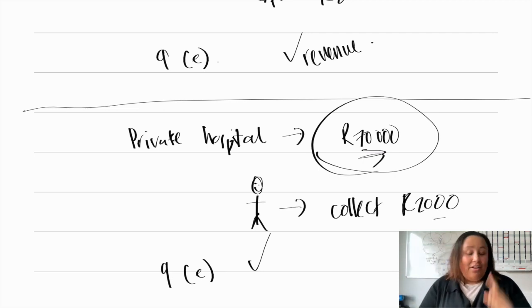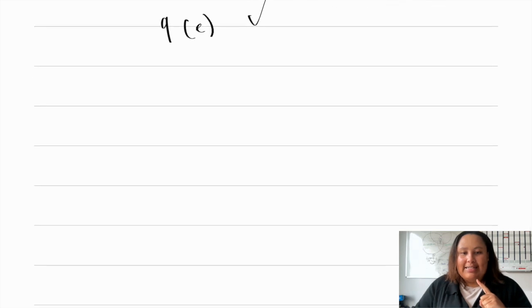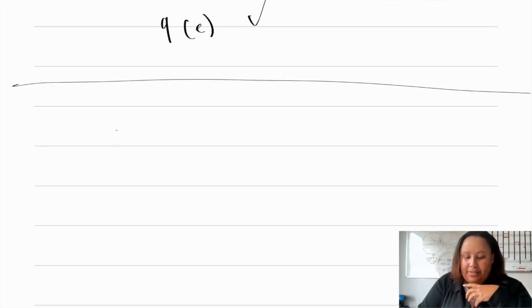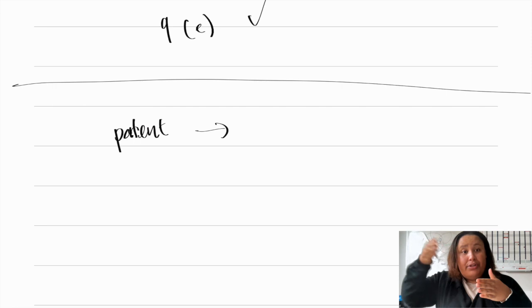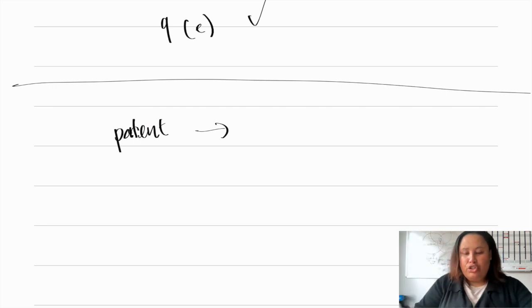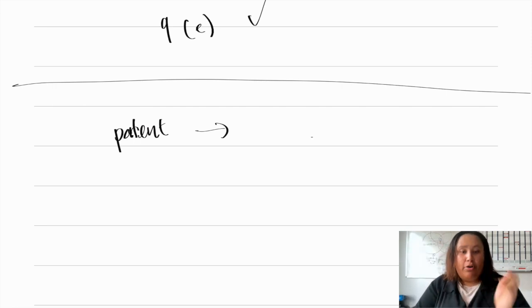Okay. Now, the last example I want to look at relates to an entity that has a patent. So the entity has a patent, and the entity allows another party to use its patent for a number of years.